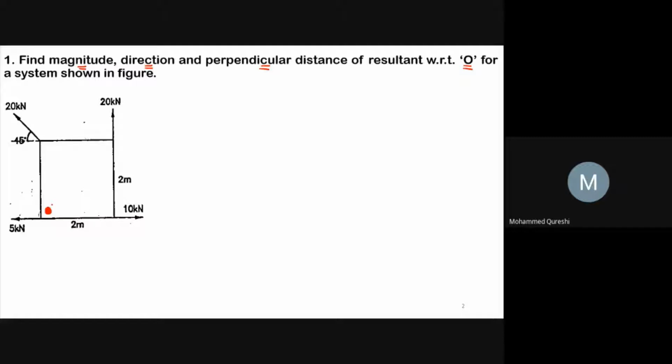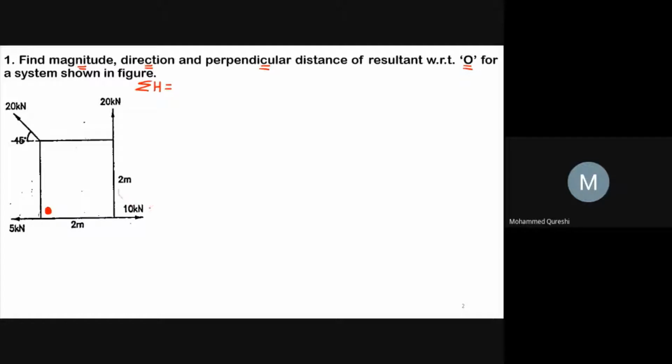Here the number of forces is large, hence we have to go for the summation of all the horizontal forces and the summation of all the vertical forces, so that we can easily find the value of the resultant. First of all we will go for sigma H, the summation of all the horizontal forces.